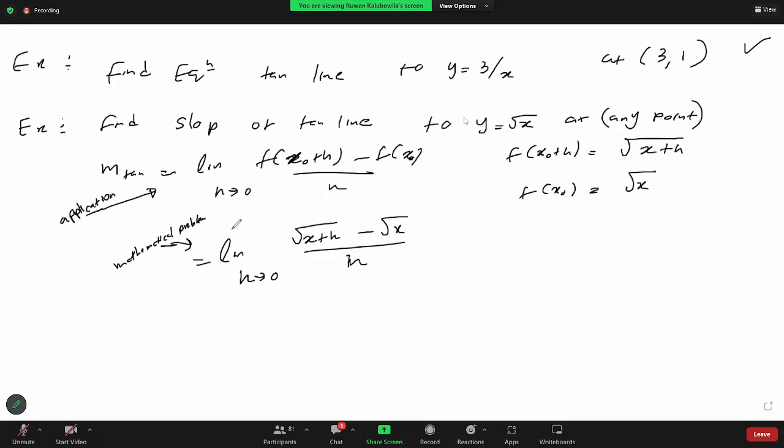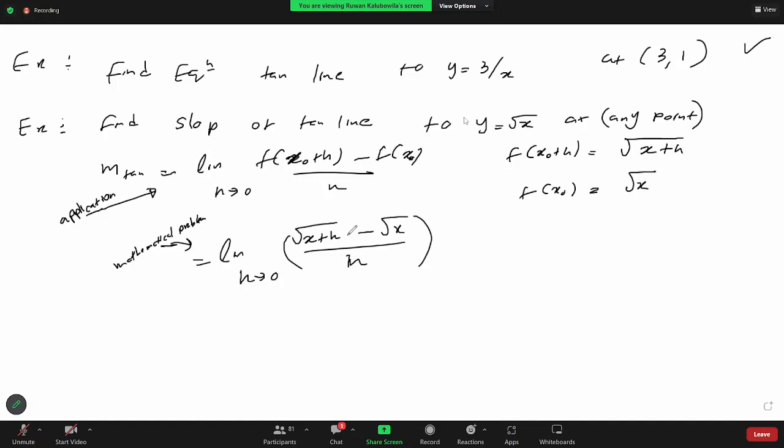Right? So if you master solving the mathematical problems, then the application is nothing. Right? Okay. Now at this point, you solve these kinds of limits, right? These kinds of problems.